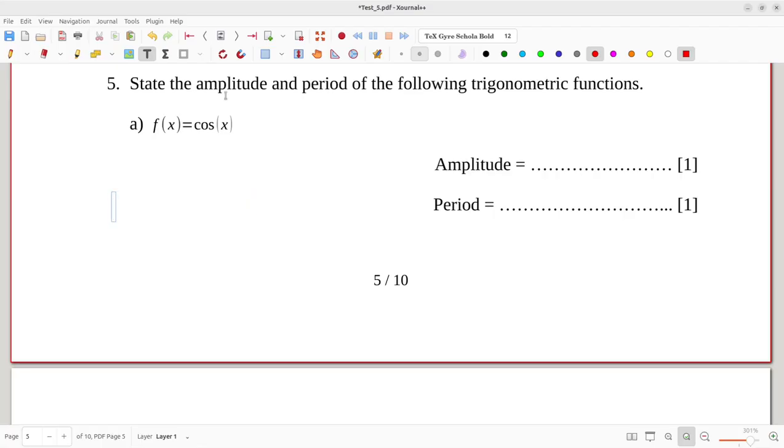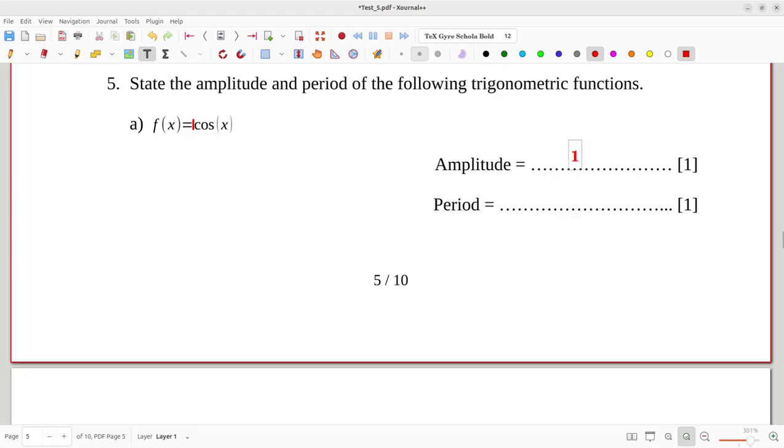So the first question, you are given y, or f of x is equals to cosine x. What is the period? What is the amplitude? Amplitude is going to be a number placed before the ratio. Here in our case, there is no number, which means there is 1 there. So let's just write it.